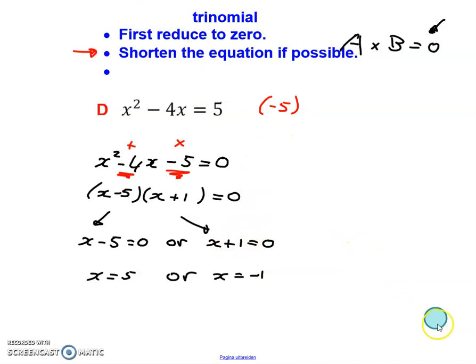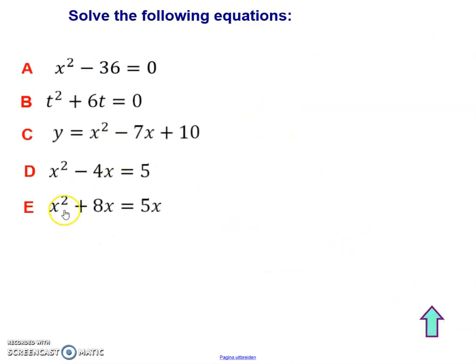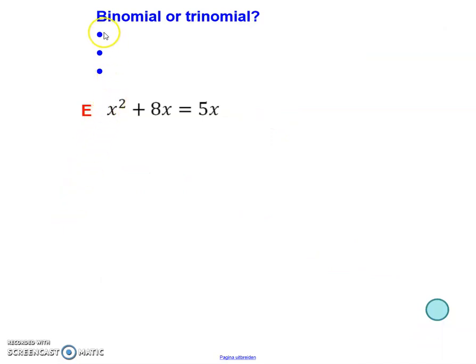So let us look at the last example, E. Again, do we have a binomial or a trinomial? First, we're going to reduce to 0. This means we have to do minus 5x, because it has to go on both left and right. On the right side, we will get 0.